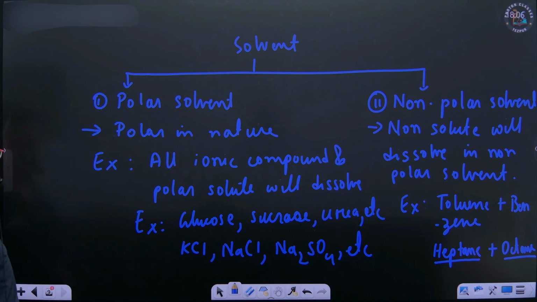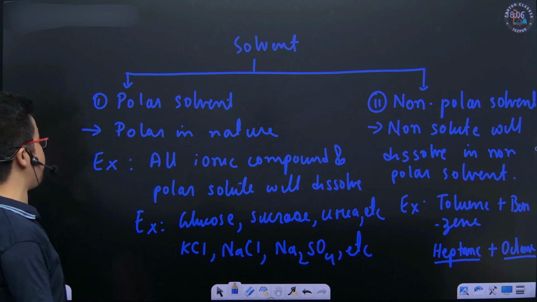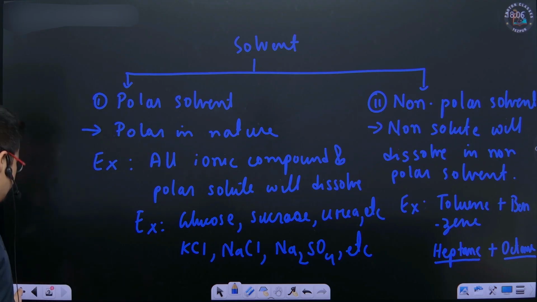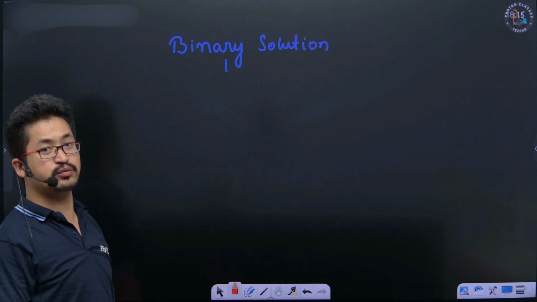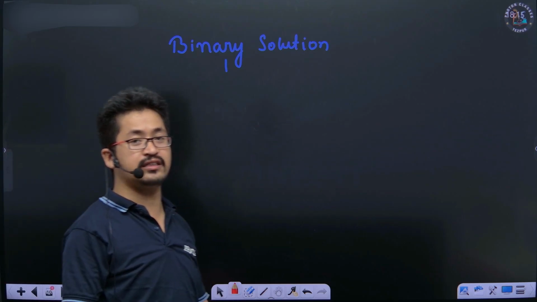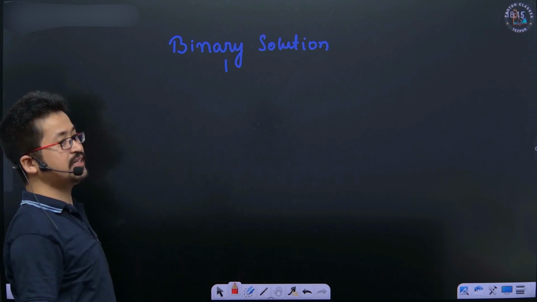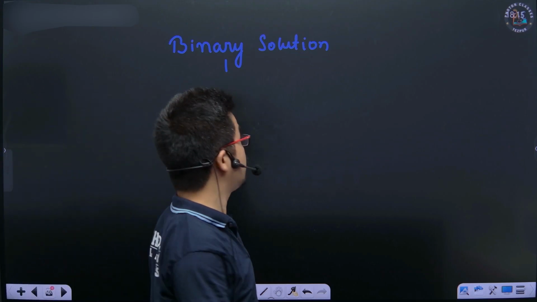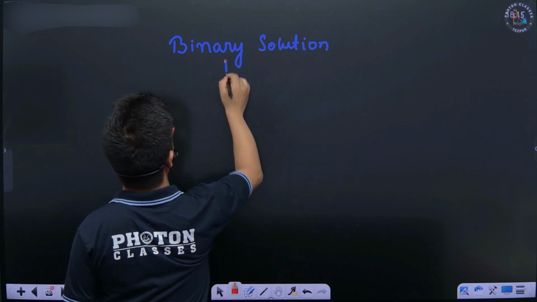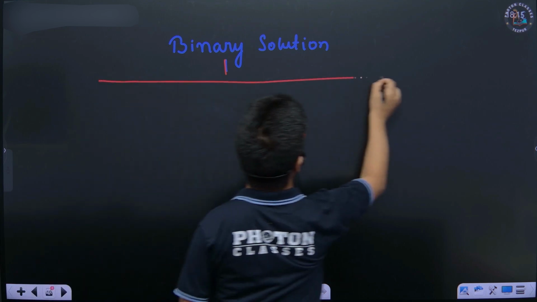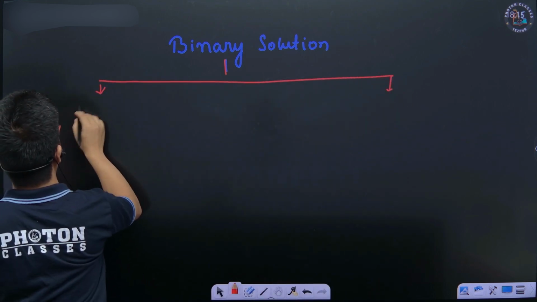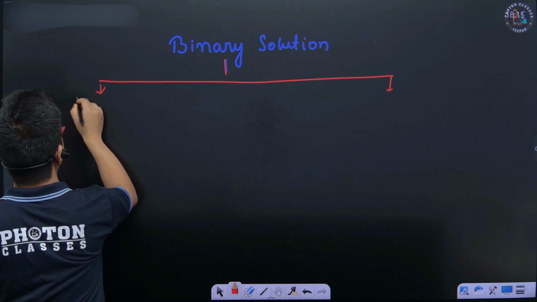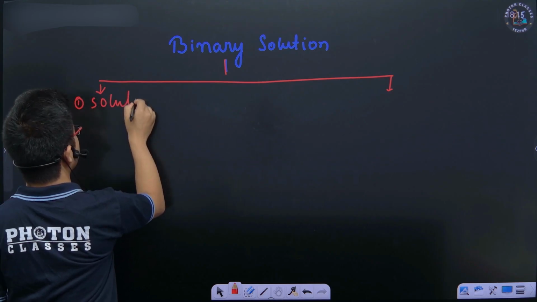So now let us classify the solution on the basis of physical state. As I had already told you when I was discussing the types of solution on the basis of number of components, our main focus will mainly be on the binary solution, where one component will be solute and the other component will be solvent. Now you know that this solute can be in 3 physical states.